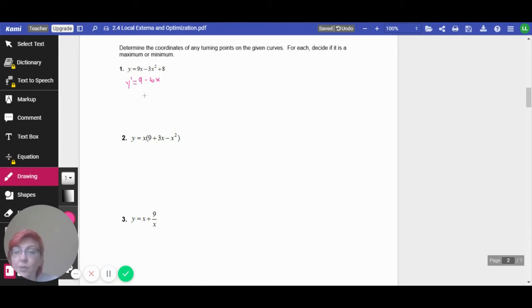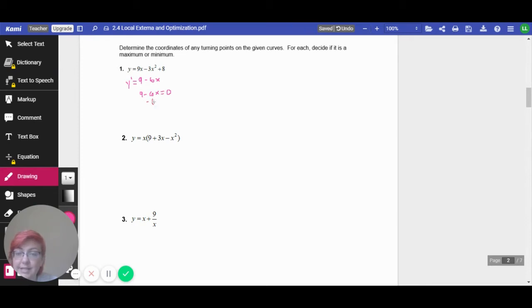Setting this equal to 0, 9 minus 6x equals 0. I am going to subtract 9 from both sides.